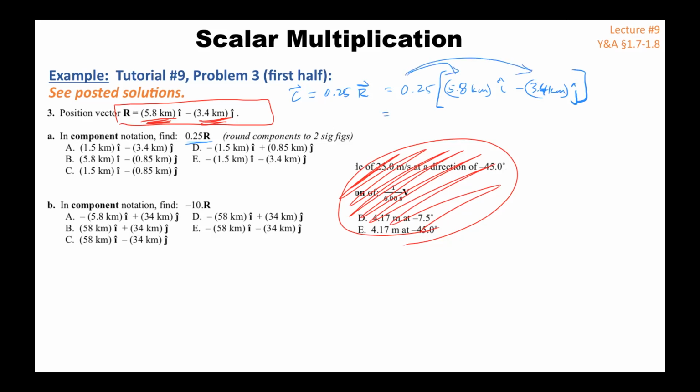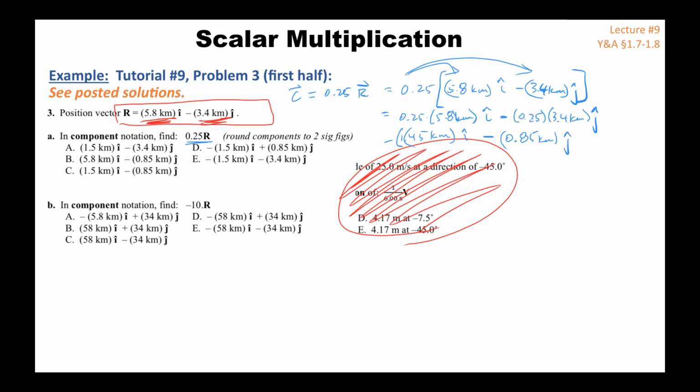So that first term becomes 0.25 times 5.8, minus 0.25 times 3.4 kilometers j hat. Now it looks like we're taking a position vector and generating a new position vector. So this isn't too different, right? It's 1.455 kilometers times I hat minus 0.855 kilometers times j hat.